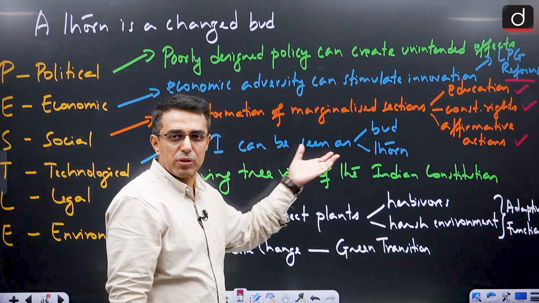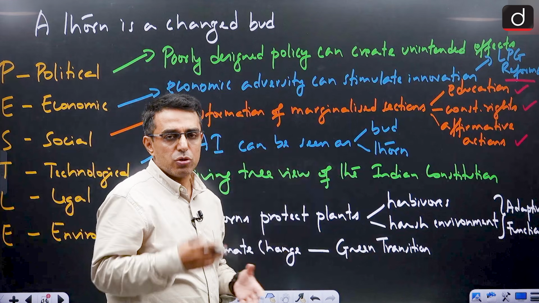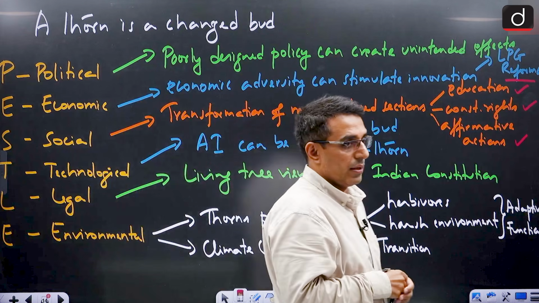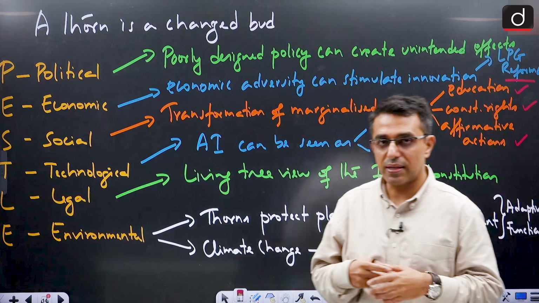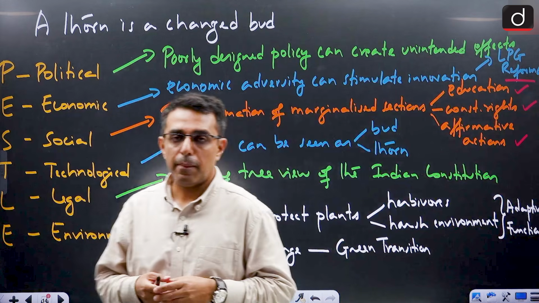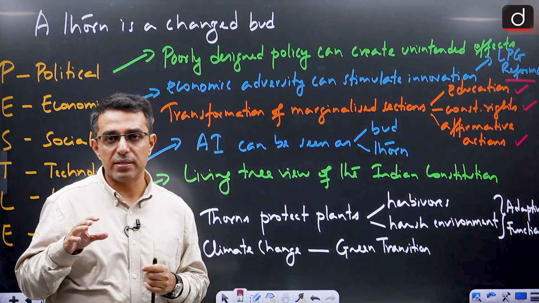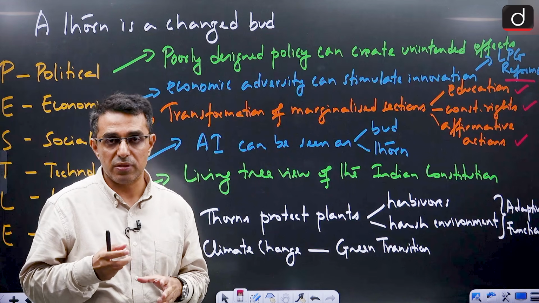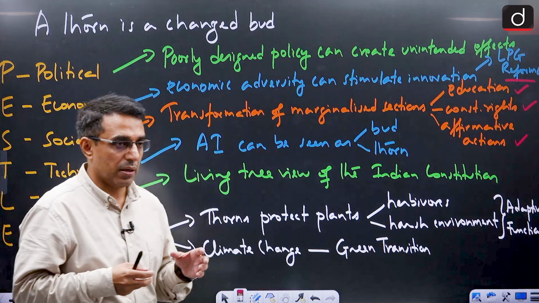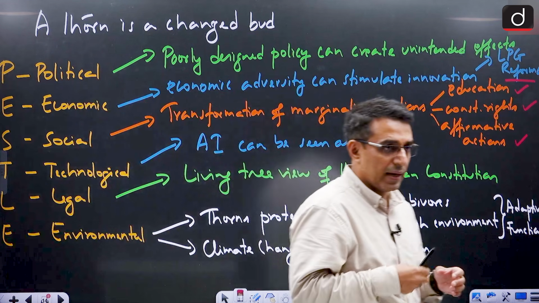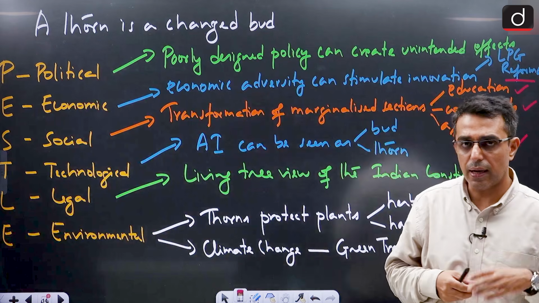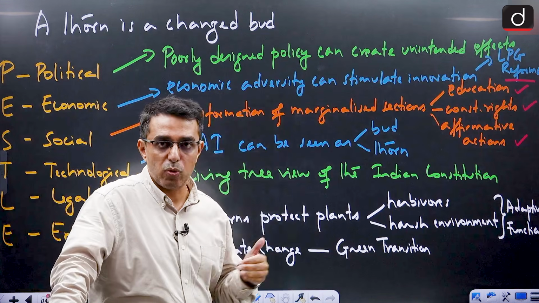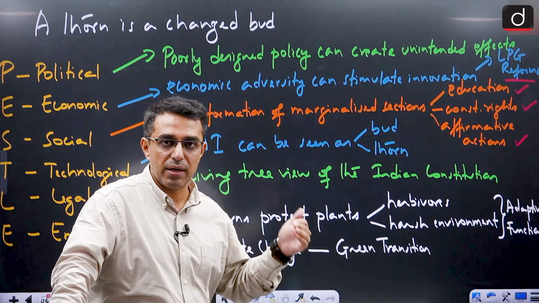It can be seen both as a bud and as a thorn. As a bud, it is increasing potentialities, helping us do tasks faster and in a better way. But it also acts as a thorn, where it is displacing jobs and creating problems for individuals, maybe in the case of AI-generated deepfakes, right? So we can explore this idea of AI both as a bud and as a thorn.